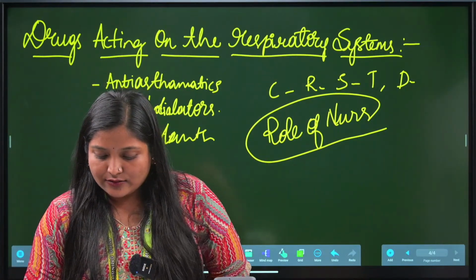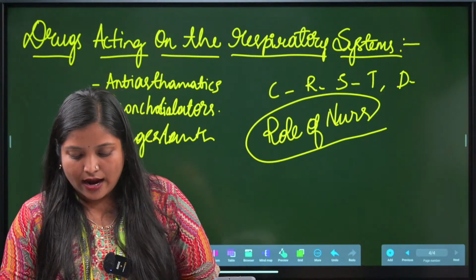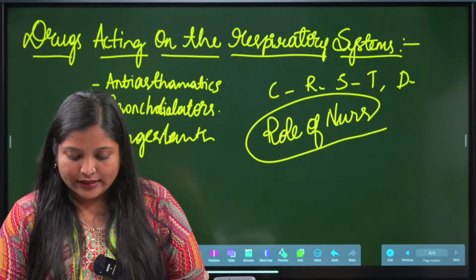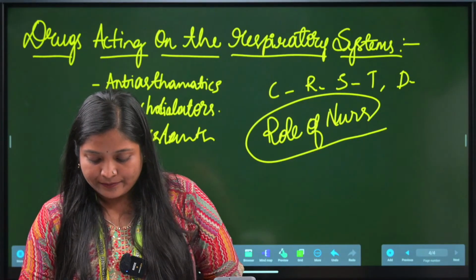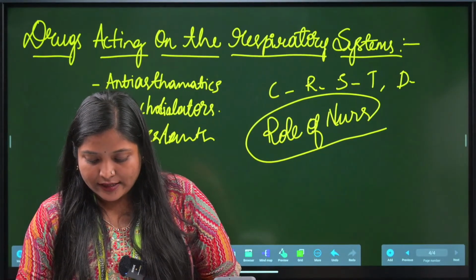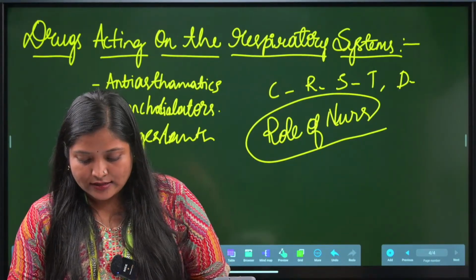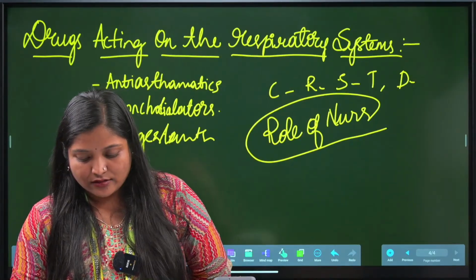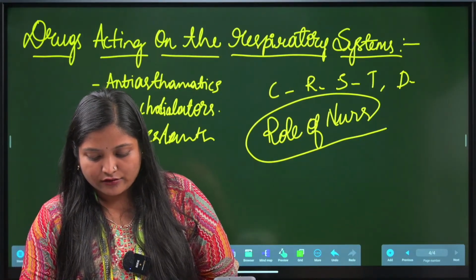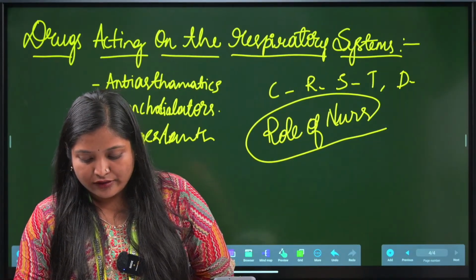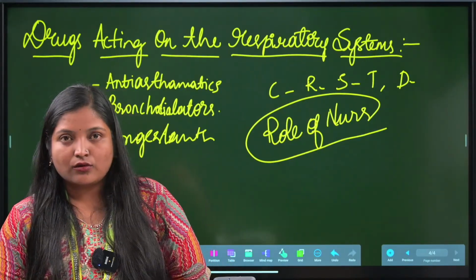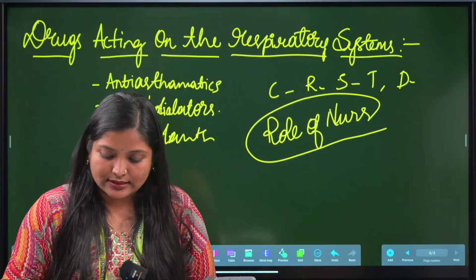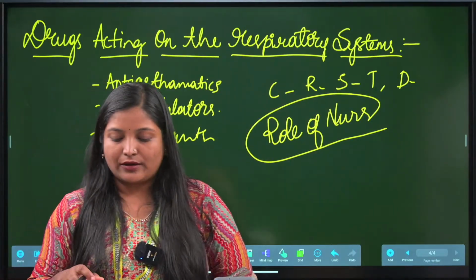The next are antiarrhythmics, antihypertensives, coagulants and anticoagulants, antiplatelets and thrombolytics, hypolipidemics, plasma expanders and treatment of shock, and drugs used to treat blood disorders. So these are the drugs under cardiovascular diseases, and they will be written in the same form.